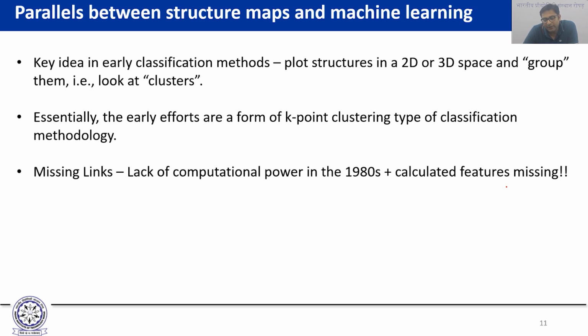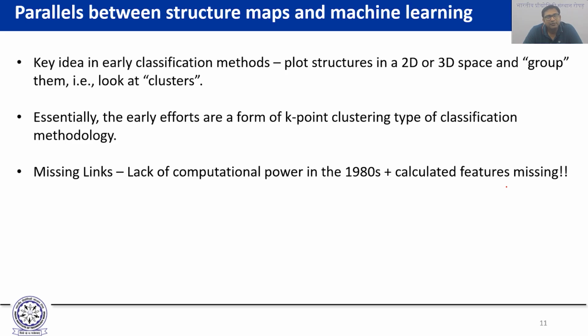So you are plotting in 2D plane or 3D space, and what you are trying to do is find areas of that space or areas of that plane in which similar structure types exist. In other words, you are looking for clusters of crystal structures which are very similar to each other. So in that sense, this is not very much different from the K-means clustering type of thing that you would have studied earlier in this particular course.